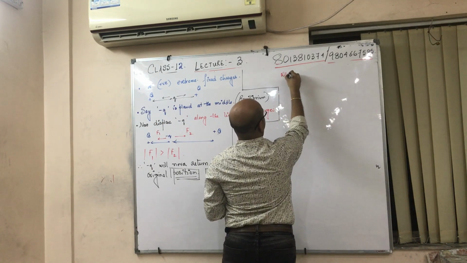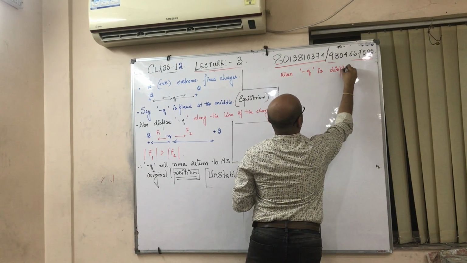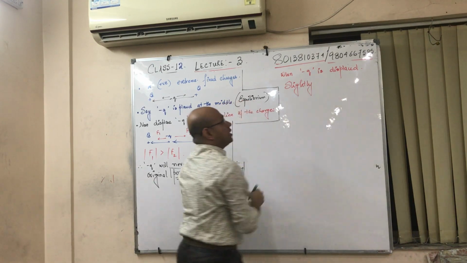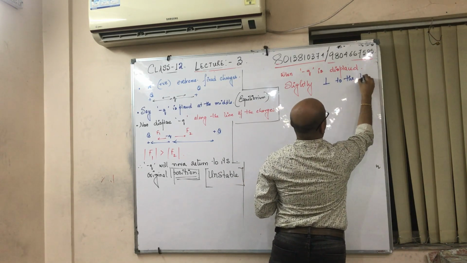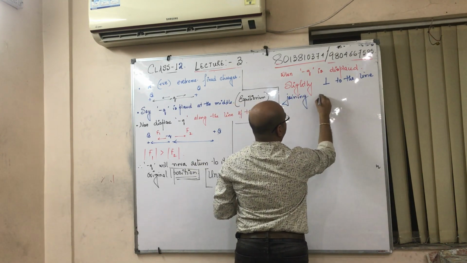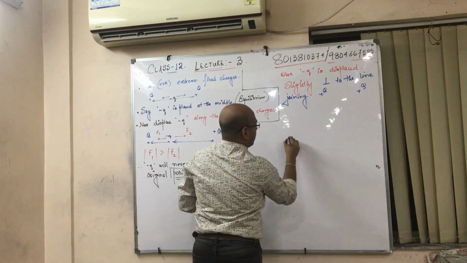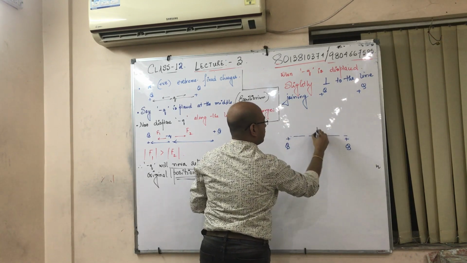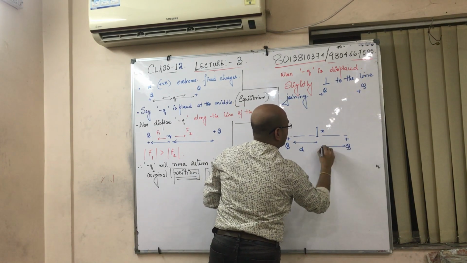Now, when minus q is displaced slightly perpendicular to the line joining the plus q charges, have a check, this is very important. Let's take this distance as d, just for our convenience.